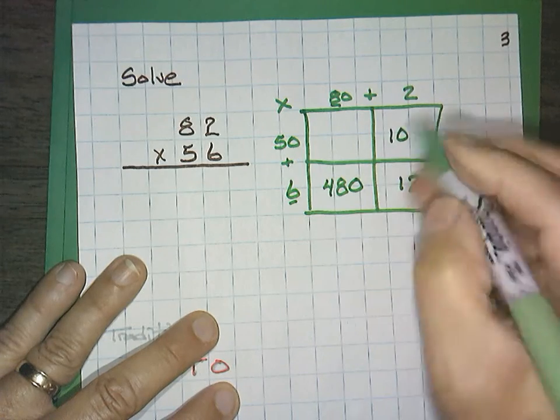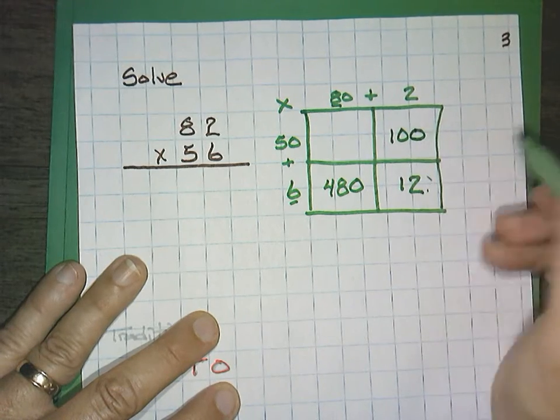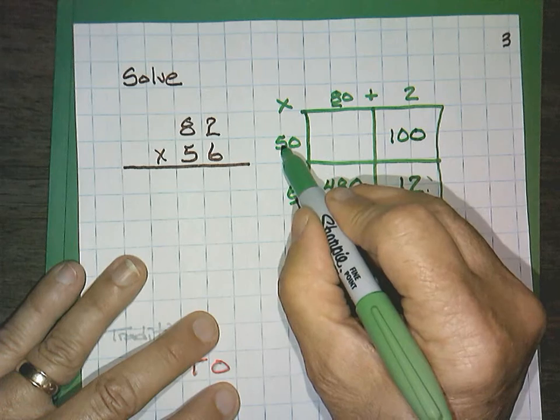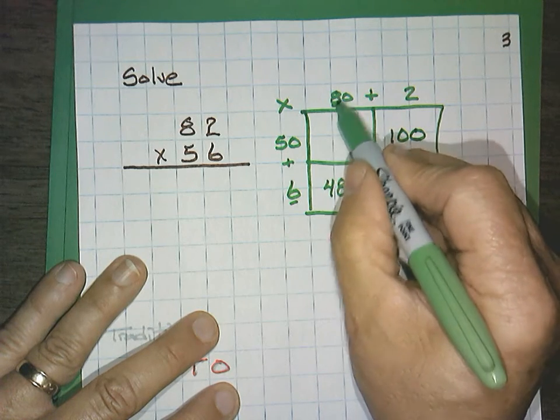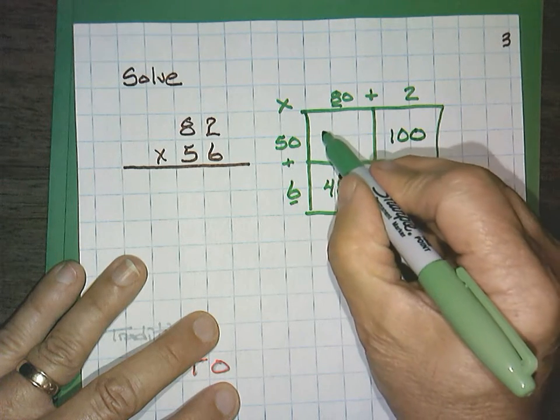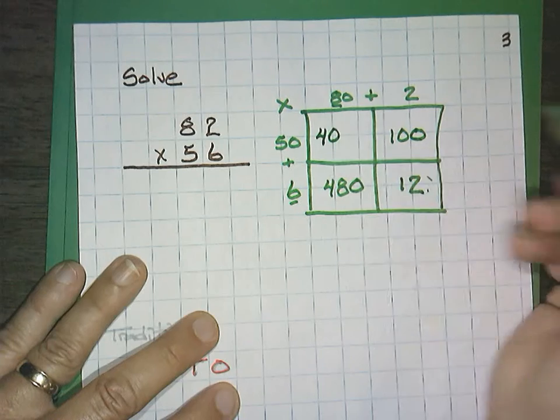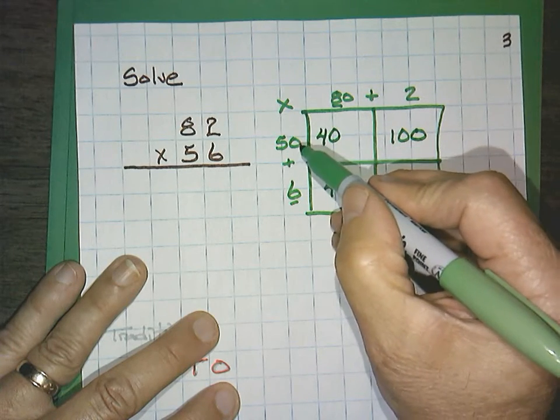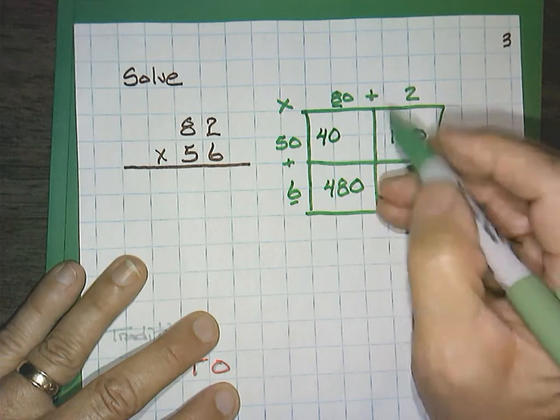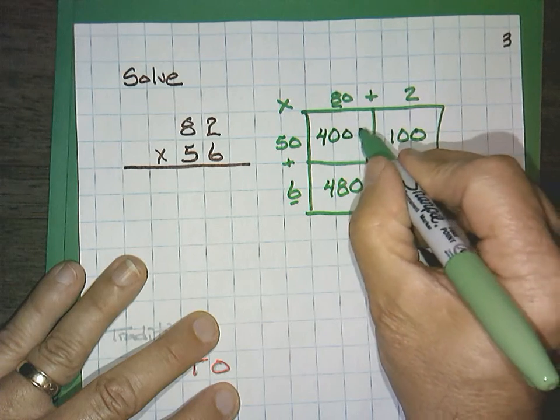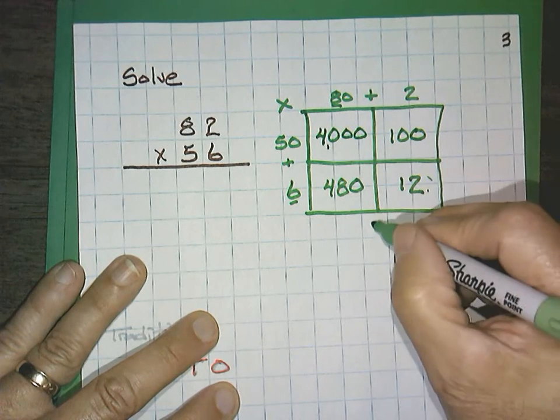Count your zeros, there's 1, and write your zeros, 1. And finally, 50 times 80, but I can just go 5 times 8 would be 40, and then count your zeros, 1, 2, and write your zeros, 1, 2 for 4,000.